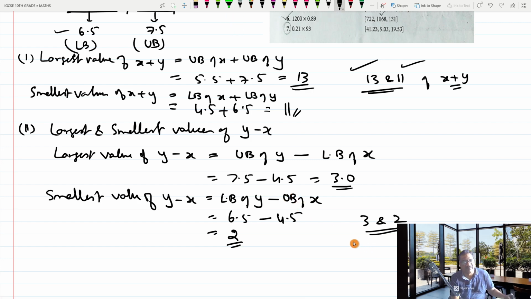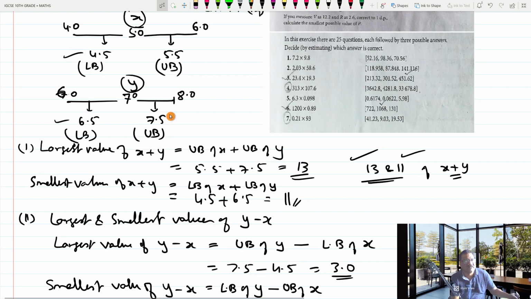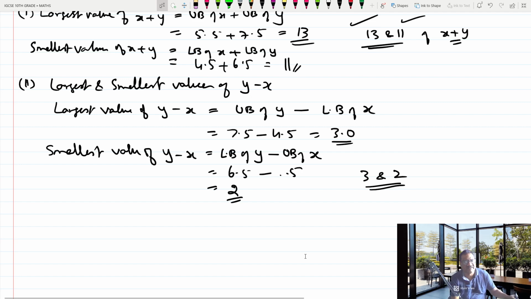For x you will have to take the upper bound. And the upper bound of x is how much? It is 5.5, right? So here I'll have to take 5.5. 6.5 minus 5.5.